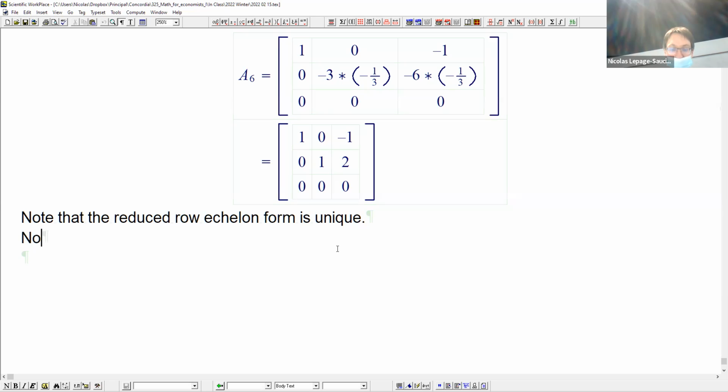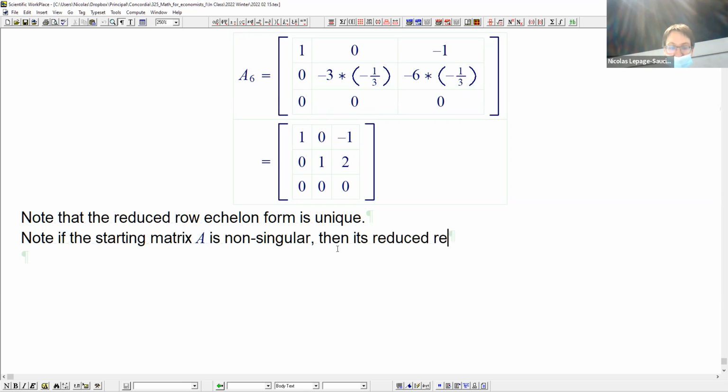Also note, if the starting matrix is non-singular, its reduced row echelon form is what?